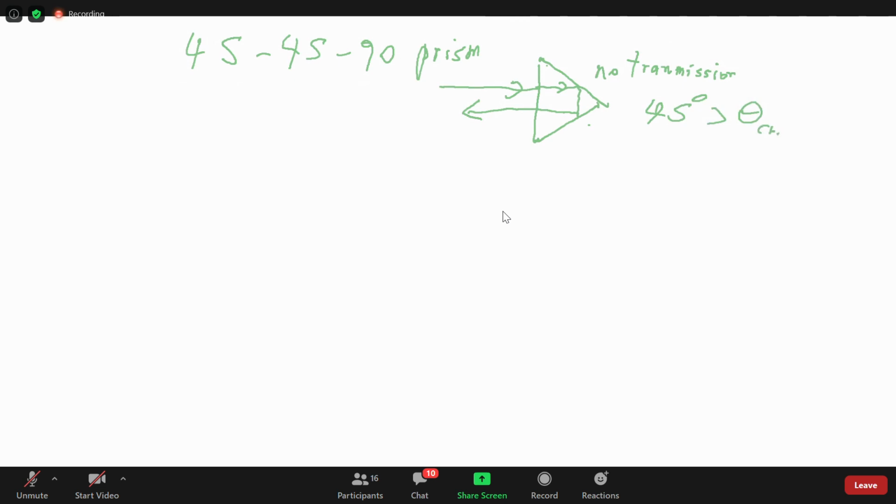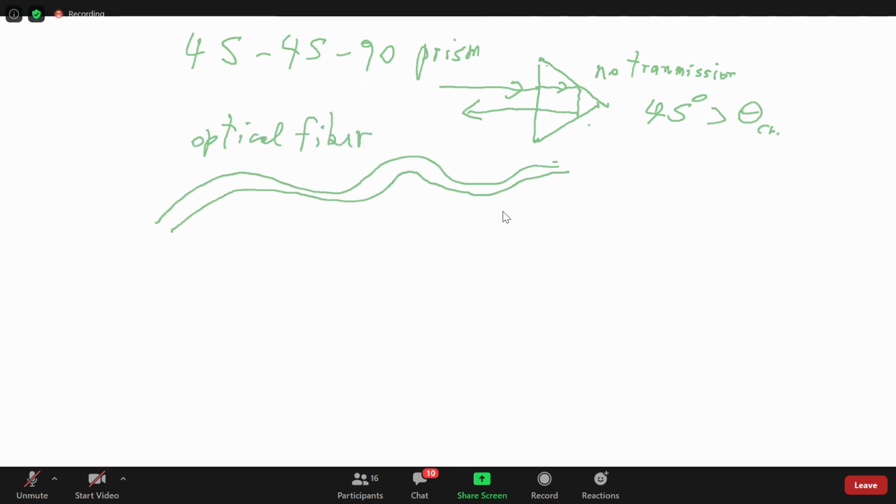So the other one that Tehan mentioned is an optical fiber. Which is central to our industry of telecommunications and many others, data transmission.